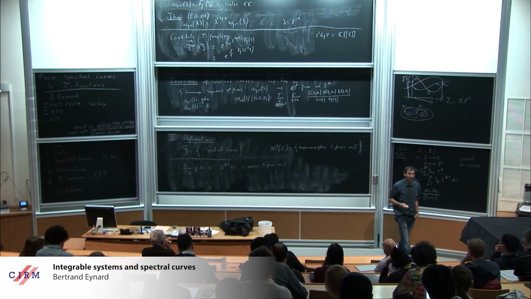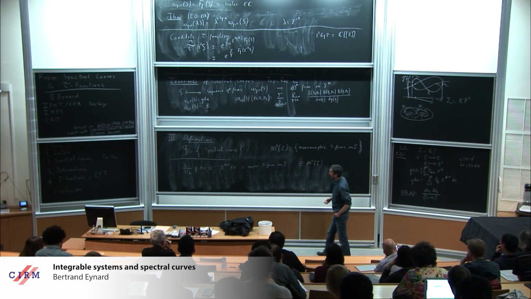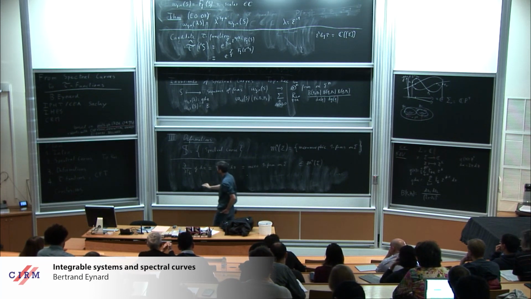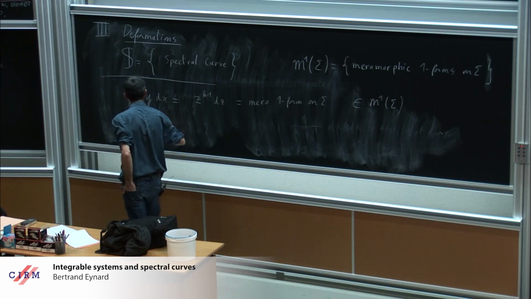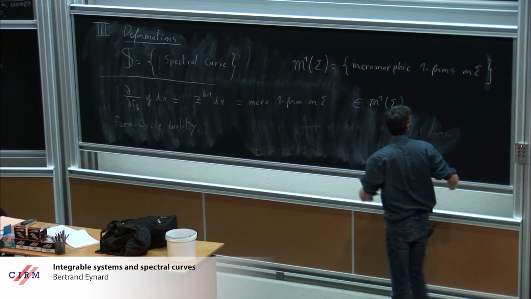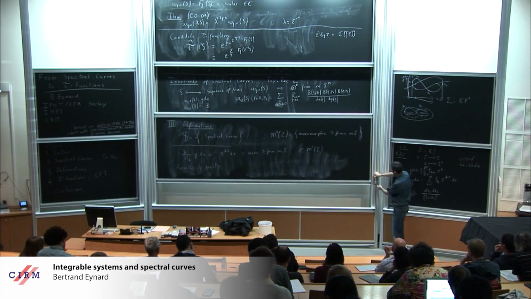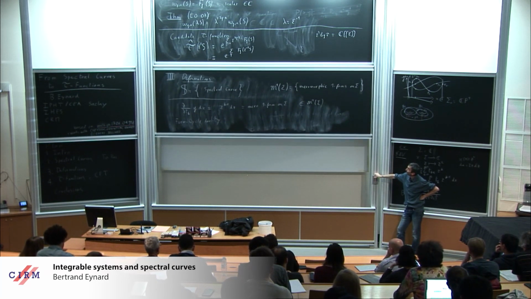It's an infinite dimensional vector space. So it belongs to M1 of sigma. Now we shall make use of a very useful tool, which is the form-cycle duality. The idea I wanted to say is that a deformation is really encoded in a one-form. A deformation of a spectral curve is really related to the notion of a one-form.